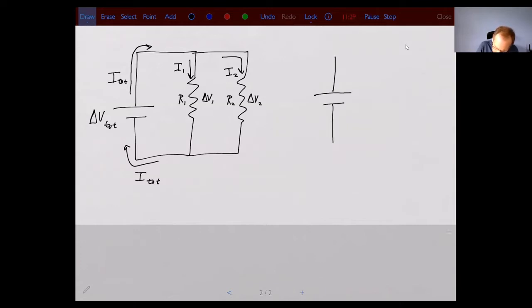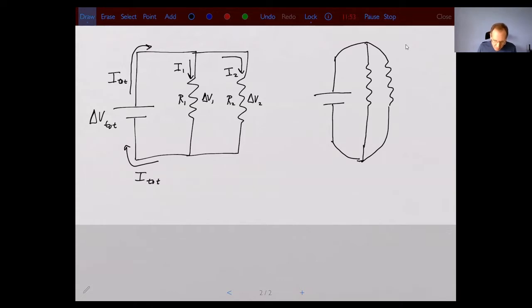We can bend those wires. If you want, you could even do this. You could have all of the resistors and the battery coming from the same point. It means exactly the same thing. So that is exactly the same circuit that I just drew. It's just easier to draw it as rectangles.